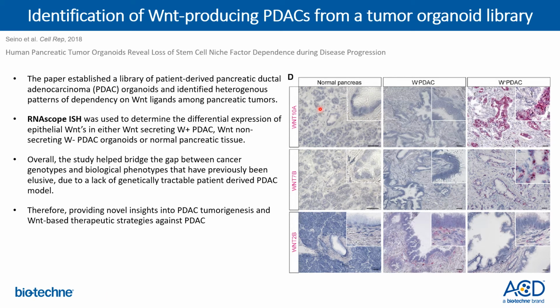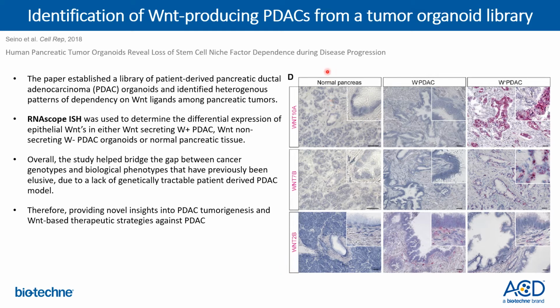So here's an example of how some of our customers have used us in determining tumor heterogeneity, where in this example, these researchers have used RNAscope to detect different Wnt ligands in pancreatic ductal adenocarcinoma organoids, and this helped them establish which of these tumors are Wnt dependent and which are Wnt independent.